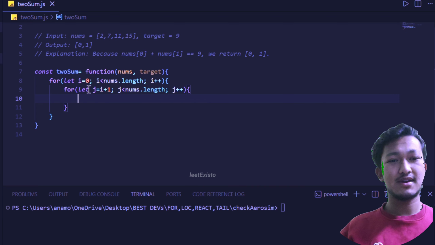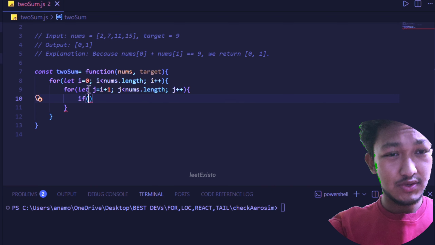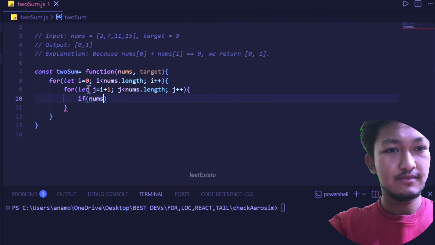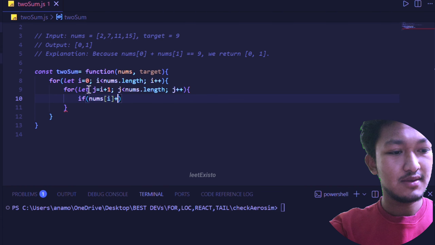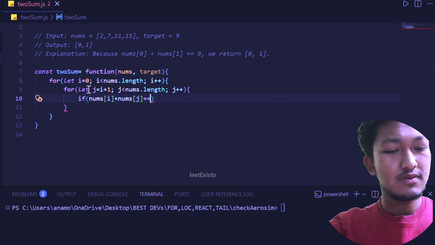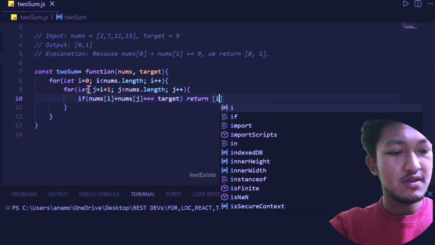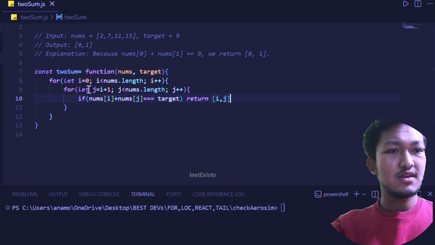Now we need to use a condition: if nums[i] plus nums[j] equals target, if yes, it returns [i, j].